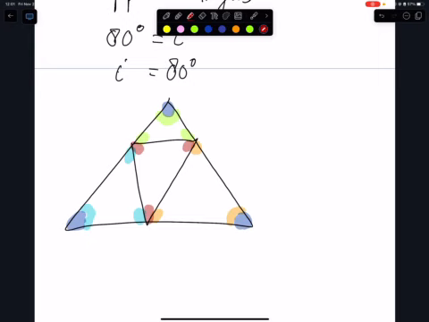All the colors that are the same, when you count them together, they are 180 degrees. So that's what you should look at. Yes, because this is a triangle. This is also a triangle. This is a triangle. That's a triangle. This is a triangle. So all of them separately also are 180 degrees. So one triangle, dark blue, dark blue, dark blue, 180 degrees.